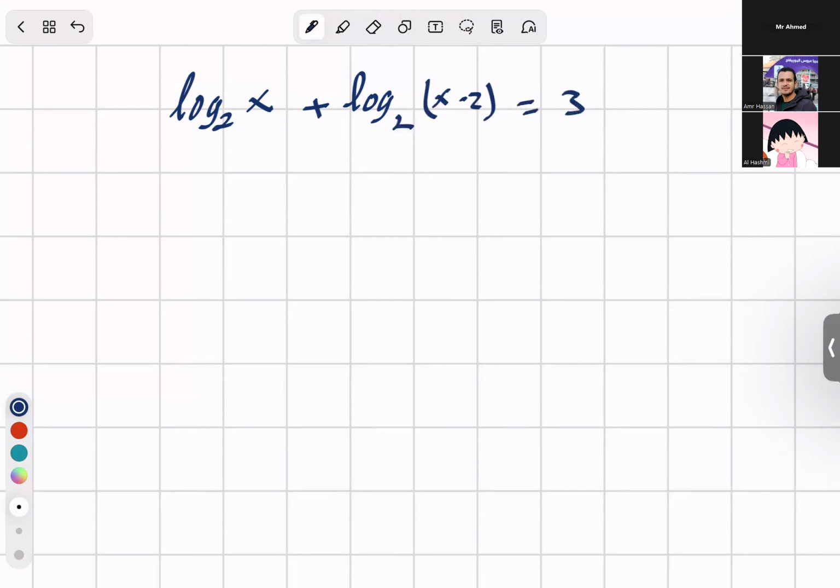I'm talking about the left-hand side because that is what I really care about. Basically, we get the same base, I think you have noticed, right? And this is kind of addition, so how could we do it?